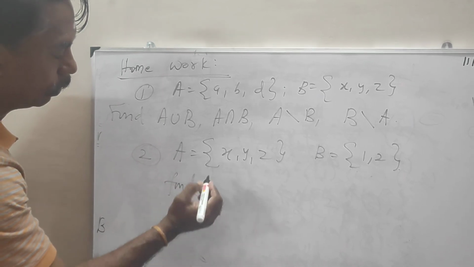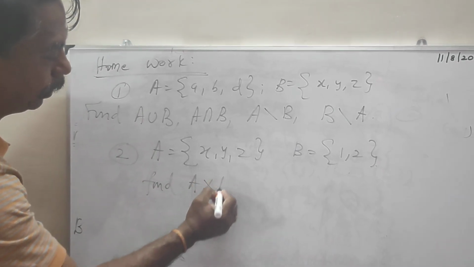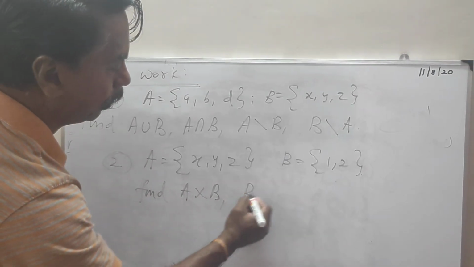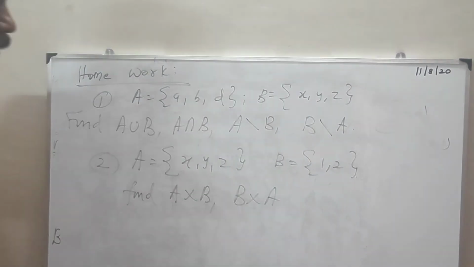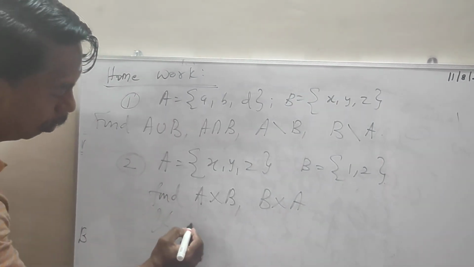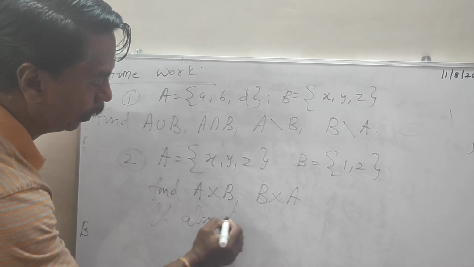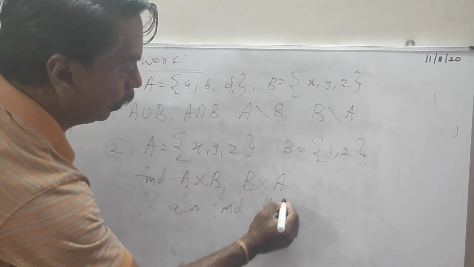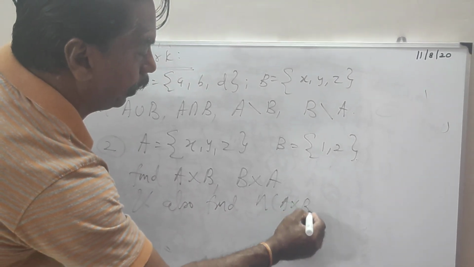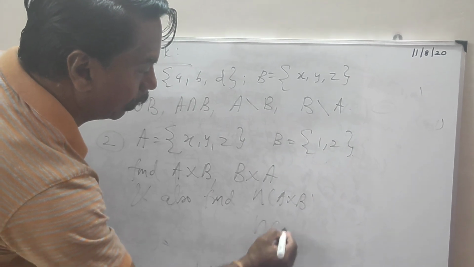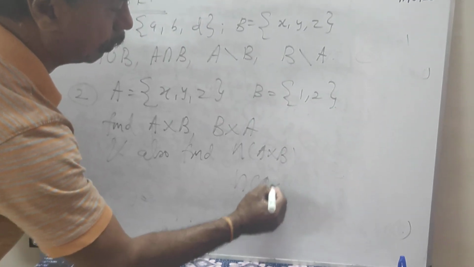Find A cross B, B cross A, and also find n of A cross B and n of B cross A.